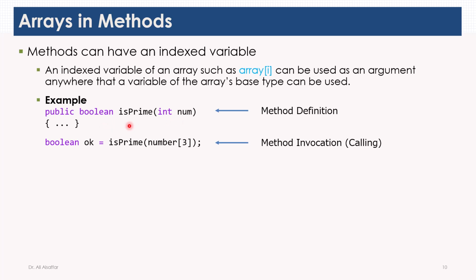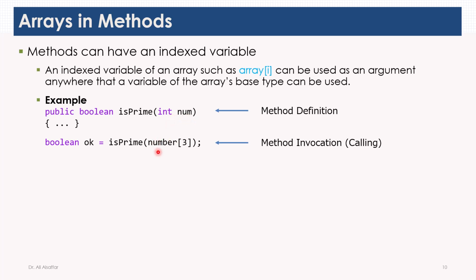Now if you want to call this method using single elements of an array, or indexed variable, all you have to do is supply this index variable as a parameter. For example, this is the third, in fact this is the fourth element because we start from 0. So you write the name of the array followed by the index, and the system will deal with it as an ordinary integer.